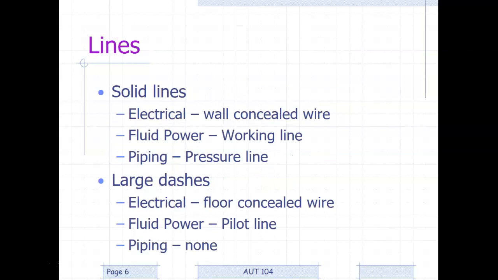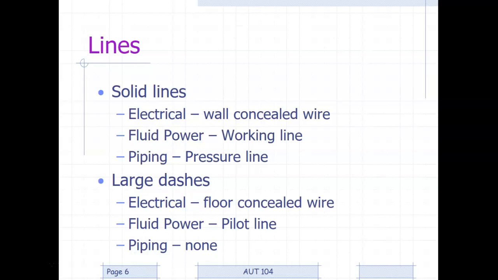So solid lines have different meanings because solid lines could mean, if it's electrical, a wall concealed wire, which we like to do a lot because we don't want to see wires hanging around our house, right? Because it would just look messy. If you truly saw the spaghetti that is in your house, it's not a very neat thing to look at.